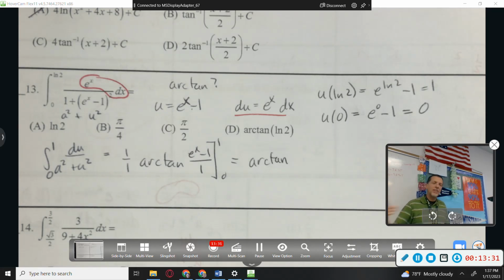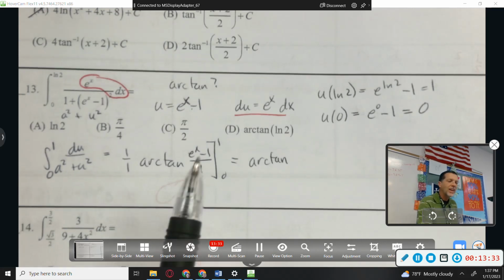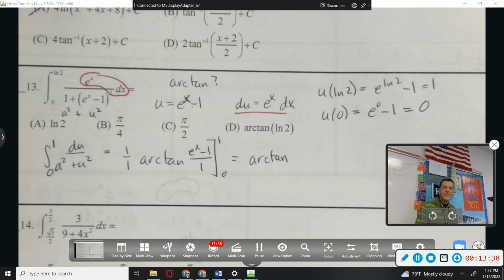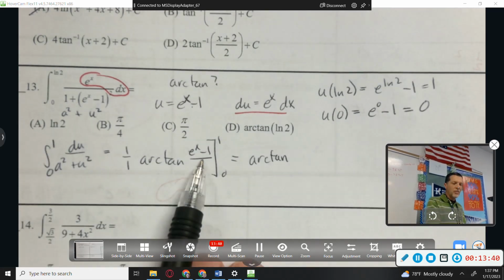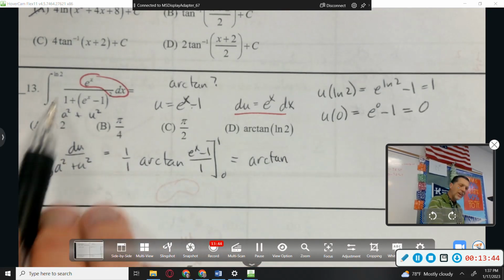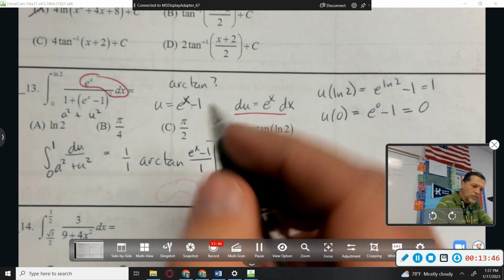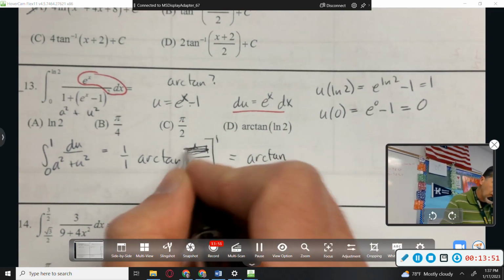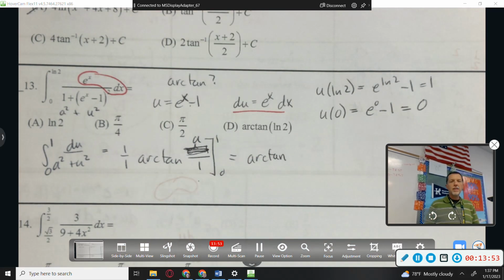And then like 5 minutes later, she came over. She goes, "I figured it out. I did this." Do you know what I've done wrong here? You didn't put the u, you put the e to the x. Yeah, I put e to the x stuff back in there, which would be okay if I kept the x limits. So this is not right because this is x stuff, this is u stuff. So I'm just going to put the u back in like I should have done.